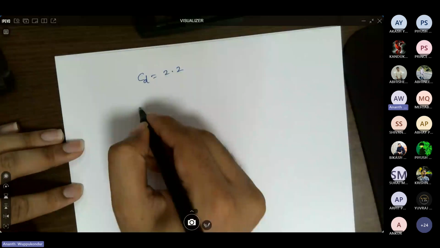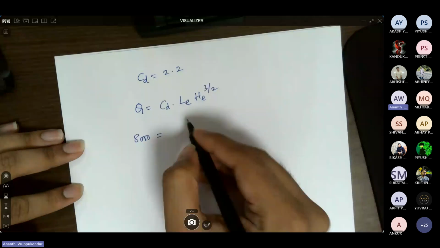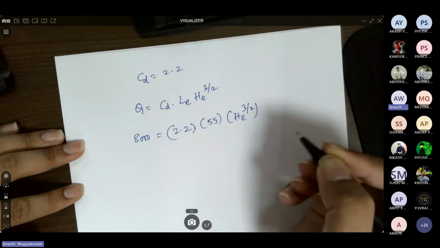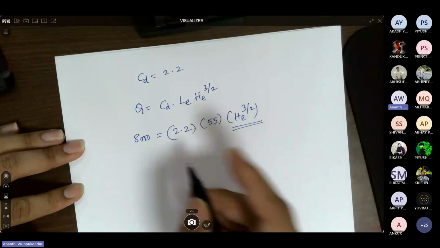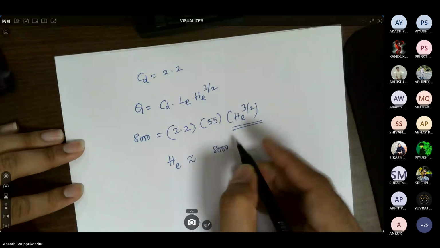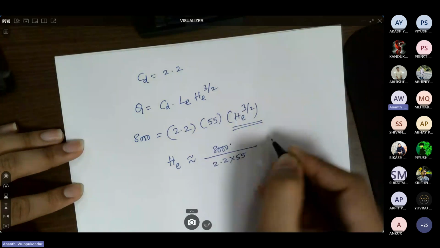Then we have Q equals CD times LE times HE to the power 3/2. Now Q is 8,000 and CD is 2.2. LE is given as 55, and then the unknown is HE. So you can calculate what would be HE. So you get HE in meters.